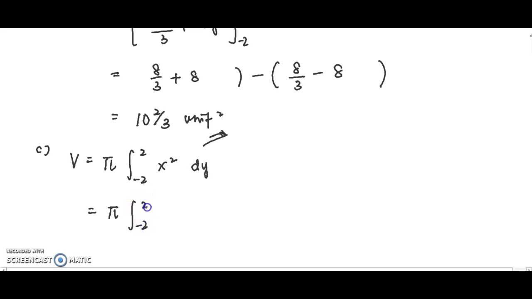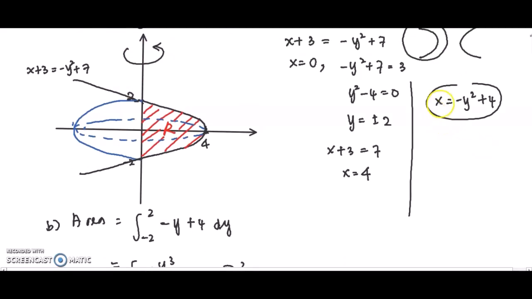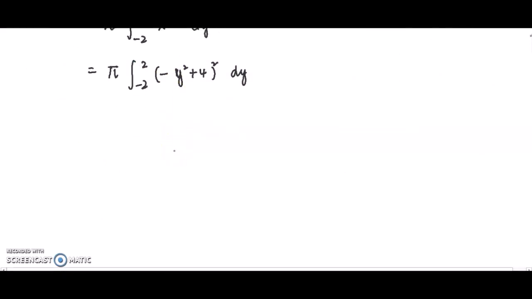So now get your x squared. What is your x squared? Since your x is equals to -y squared plus 4, means that your x squared will be (-y squared plus 4) power of 2. So I just put in the x squared as (-y squared plus 4) power of 2.